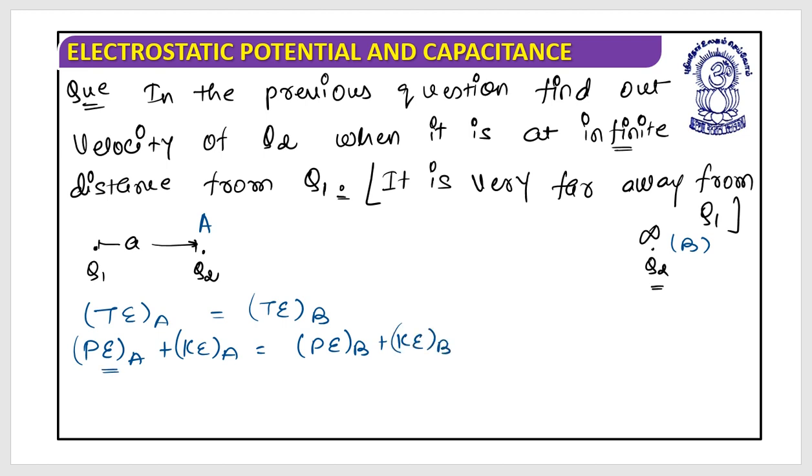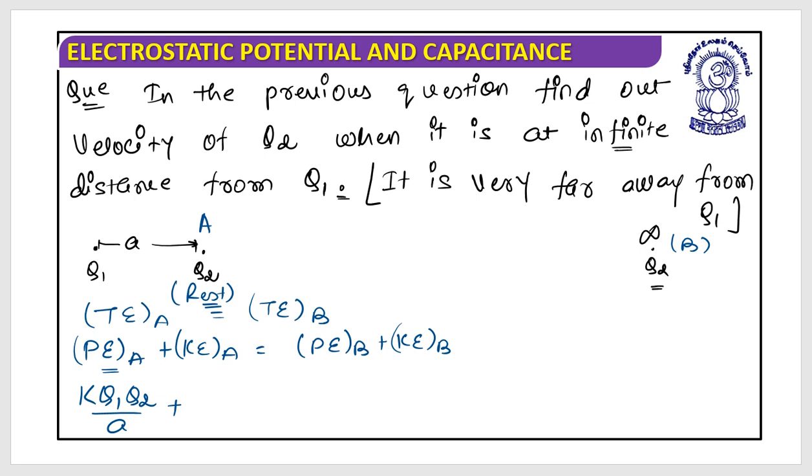Now potential energy at a, what is it? It's kq1q2 divided by a plus kinetic energy at a, what would it be? Yes, it would be 0. Why? Because initially, in the previous data, they have said that q2 is at rest and q1 is fixed.